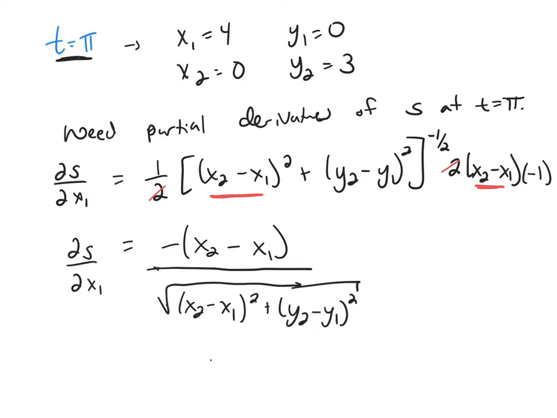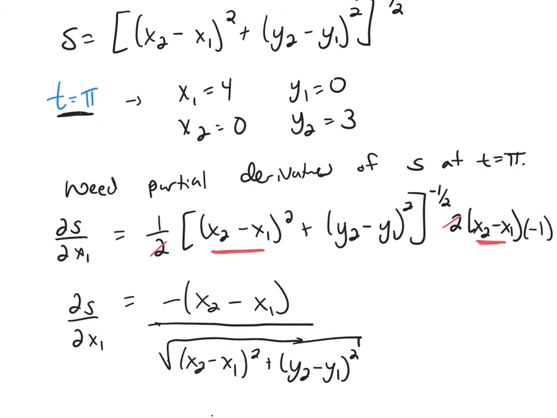You can plug in your values for x1, x2, y1, and y2. If you do that, in the top you'll get -4 over the square root of 4 squared, which is 16, plus 3 squared, which is 9.